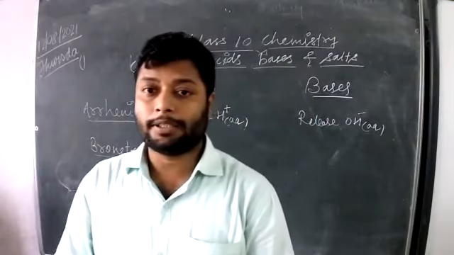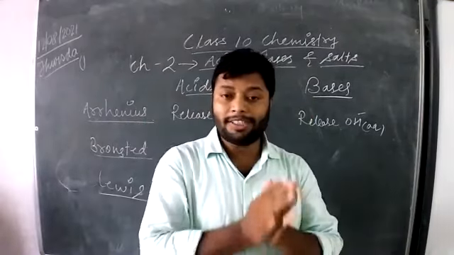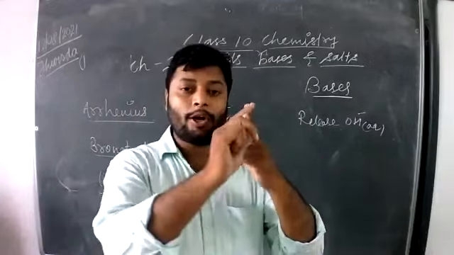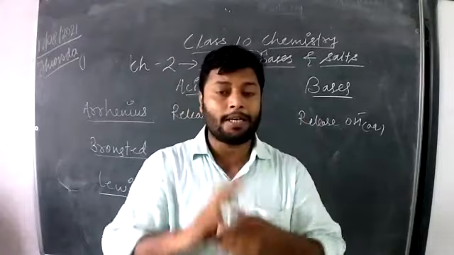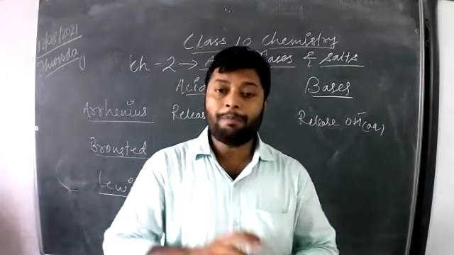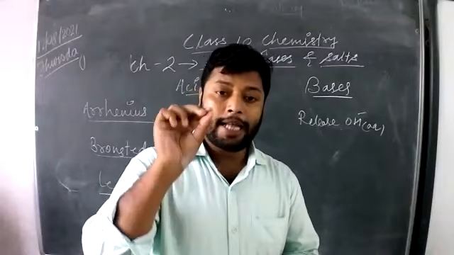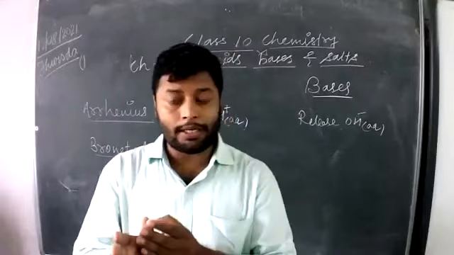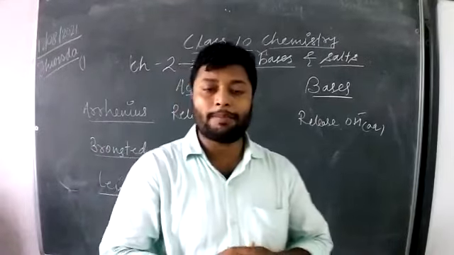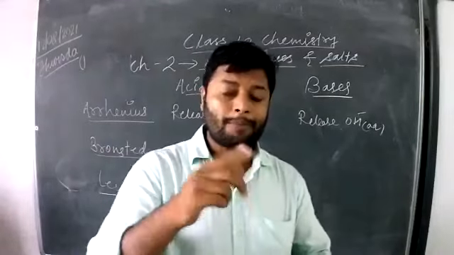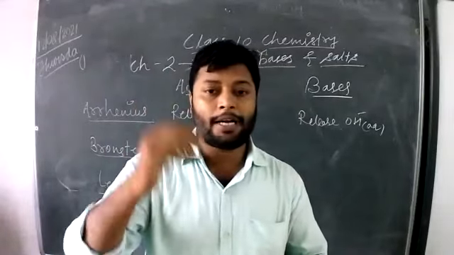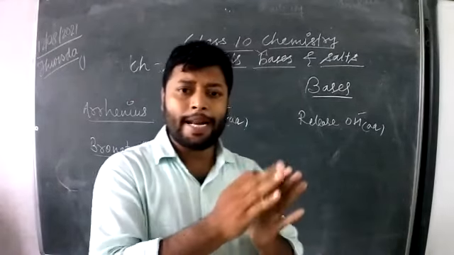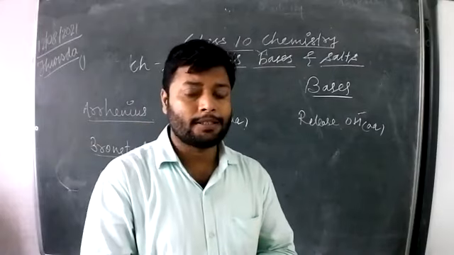The concept of pH indicates that we have two different types of solutions, one called acidic and one called basic, depending upon the pH value, and pH is actually based on the H plus concentration. If we wish to know which solution is basic, the pH value must be greater than 7. That is the general condition: lower than 7 acid, greater than 7 base.